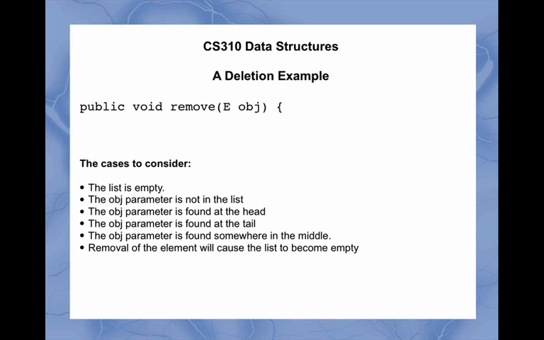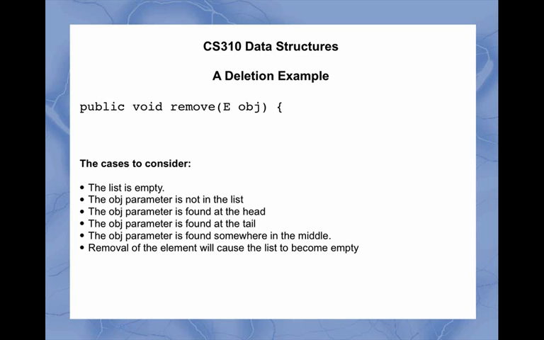What if it's somewhere in the middle? What if removal of the element will cause the list to become empty? If it's an unordered list and you're removing some arbitrary element, then the possibility exists that you might have to update the tail pointer. And if this is the case, then you cannot neglect or forget to do that.